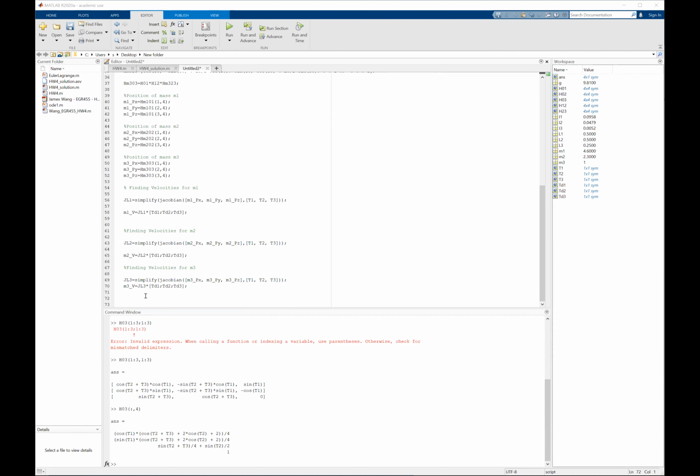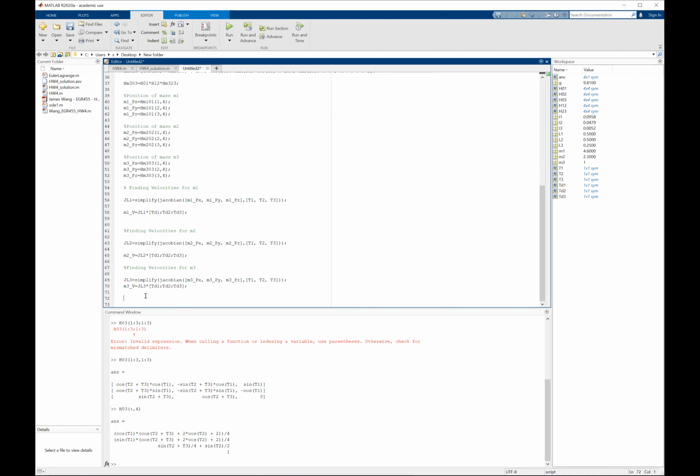Now at this point, I'm going to take a super shortcut. I want to find the total linear kinetic energy. Total linear kinetic energy is nothing but the individual terms of this m1_v squared, multiplied by mass M1 and multiplied by 0.5.